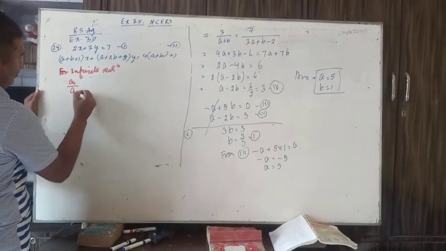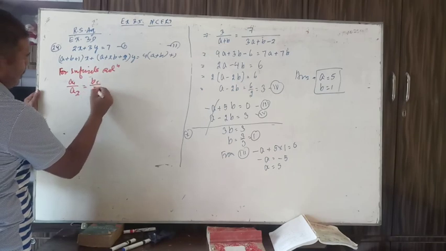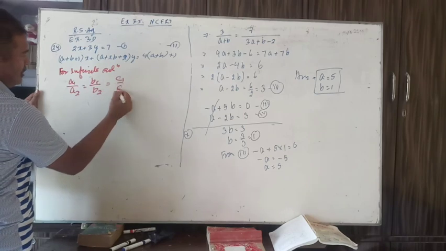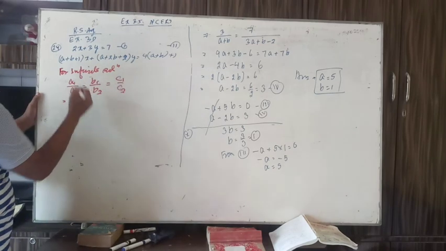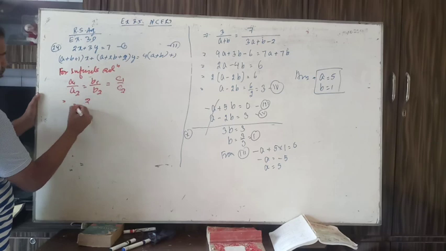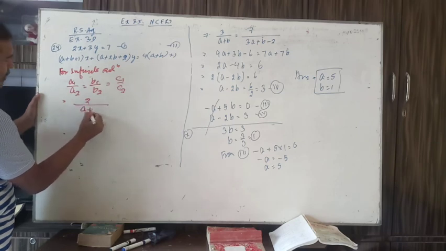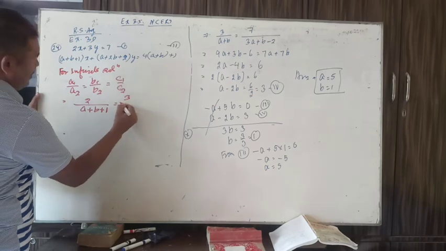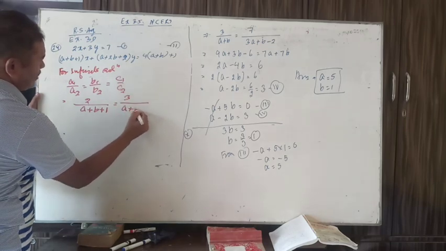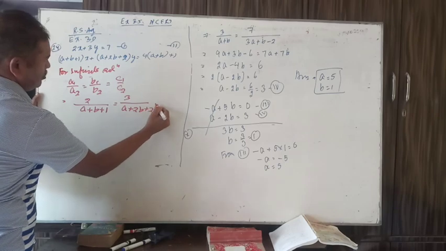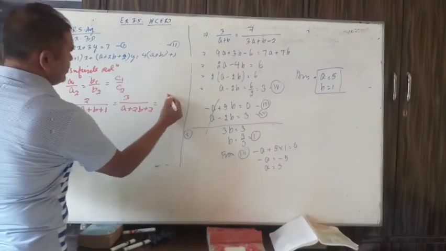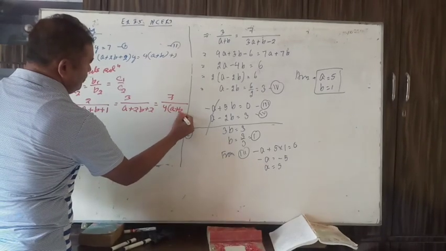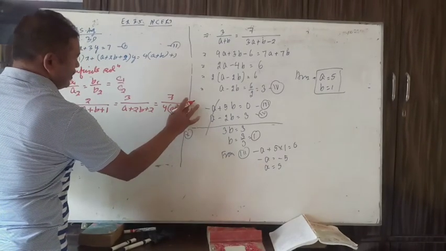A1 upon A2 is equal to B1 upon B2 is equal to C1 upon C2. So write the condition. A1 is equal to 2, A2 is equal to a plus b plus 1. B1 is equal to 3, B2 is equal to a plus 2b plus 2. And C1 is equal to 7, C2 is equal to 4 into (a plus b plus 1).